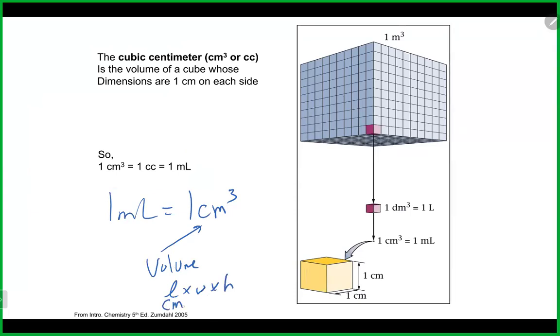Each of these length measurements, like centimeters, gives you cubic centimeters, which once again is a volume. Each of these individual ones are length measurements, distance measurements. And as we saw earlier, cubic decimeters is a liter.